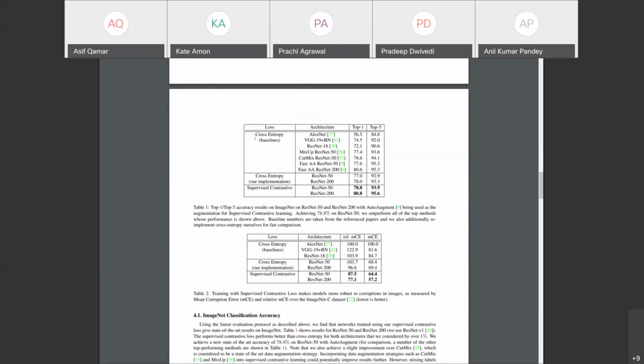Clearly, if you're using the simple loss function that we did for classifiers, if you remember that, the maximum likelihood estimation based loss function for classifiers, it is saying that if you use that for all of these neural architectures, you get this level of accuracy. But if you use this method, supervised contrastive, the gains are astounding.